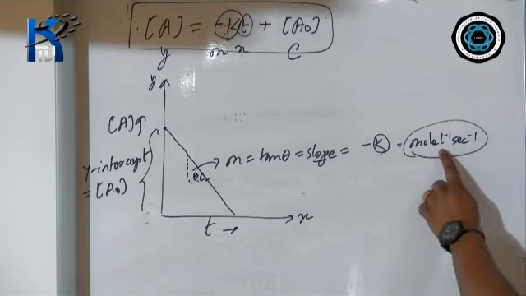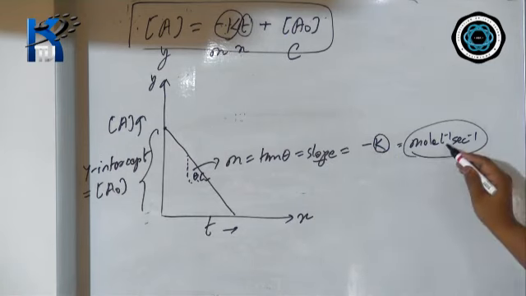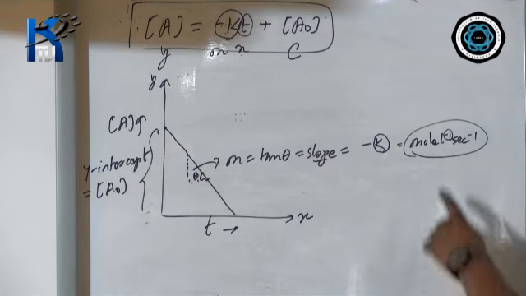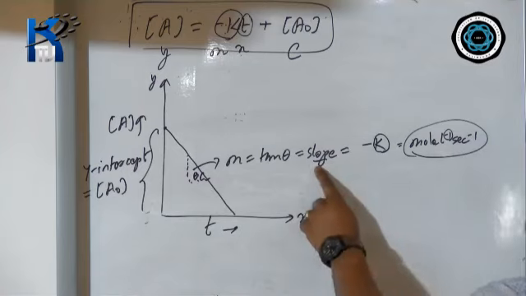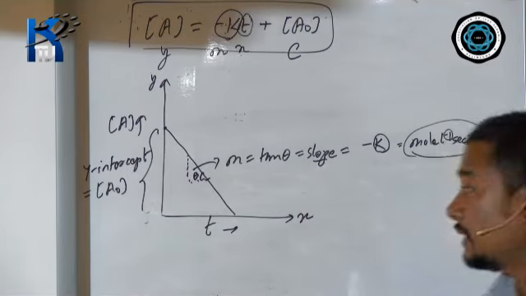Reason, because it is equal to K. And let us confirm whether this is the unit of rate constant or not. Now you can see the power of the liter is what? Minus 1. Add 1. If the power of the liter is given, you have to add 1. So if you add 1, minus 1 plus 1 makes it 0. So it is correct. It is your unit of rate constant for zero order reaction, and the same will be the unit of slope. So do remember the 3 units of slopes which I have given you so far.